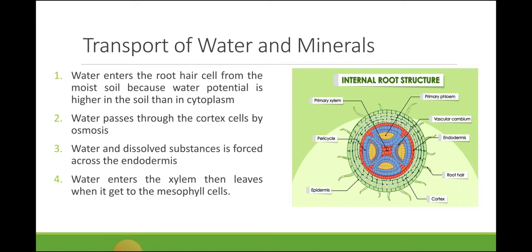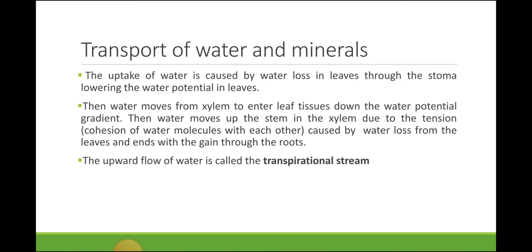Then number three, water and the dissolved substances are forced across the endodermis, and then water enters the xylem and leaves when it gets to the mesophyll cells. And then we should also know that the uptake of water is caused by water loss in the leaves through the stoma, lowering the water potential in the leaves.